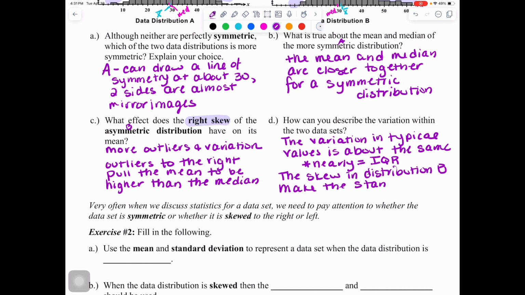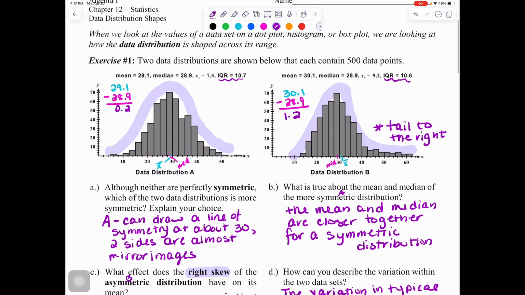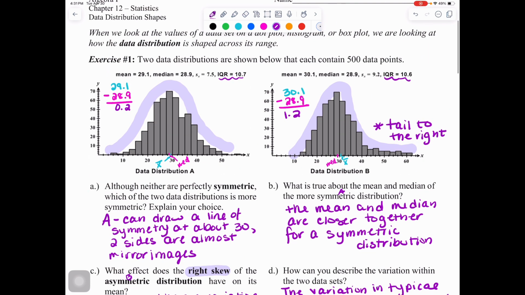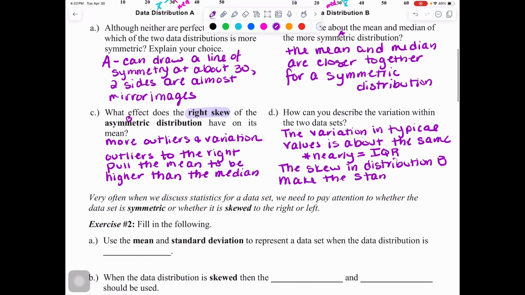So the fact that we have nearly the same IQR, that skew affected the standard deviation. We had a standard deviation of 7.5 for distribution A, and we have 9.2 for B. So that's measuring that variability there. The skew in distribution B makes the standard deviation significantly higher.